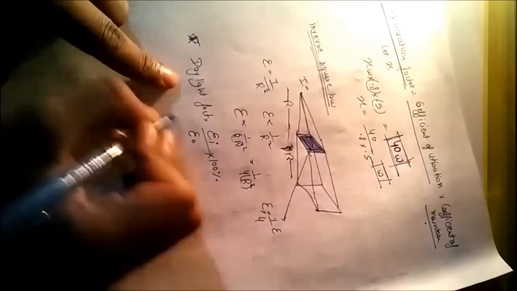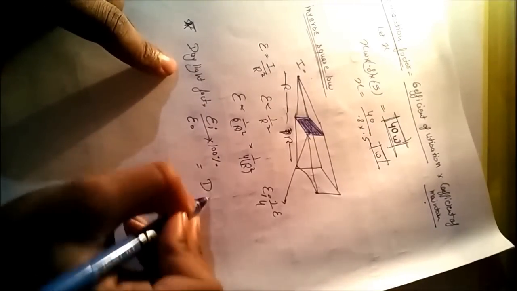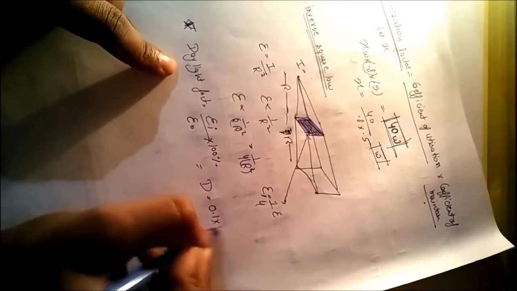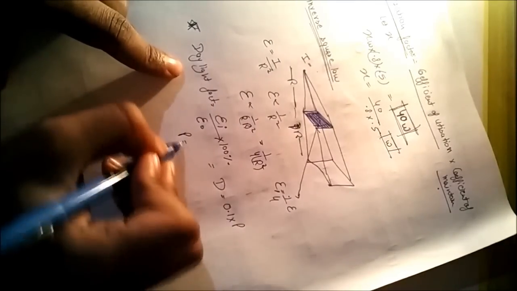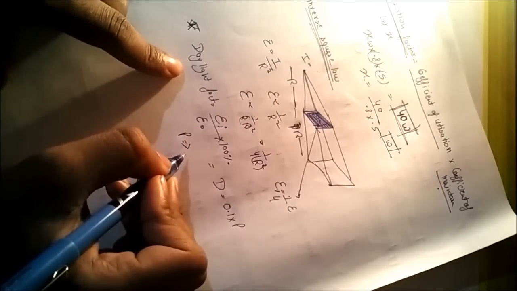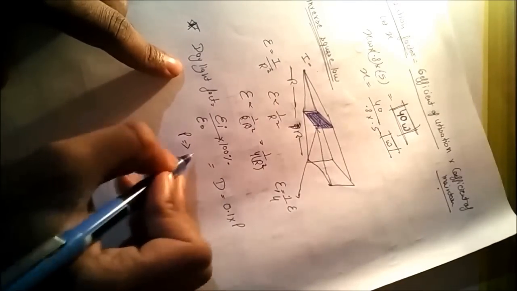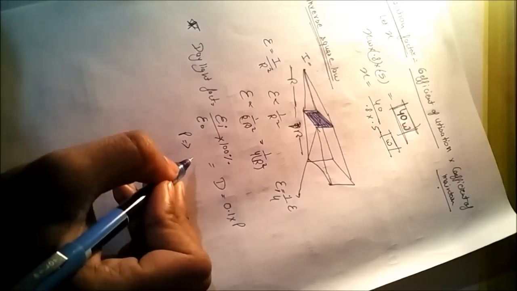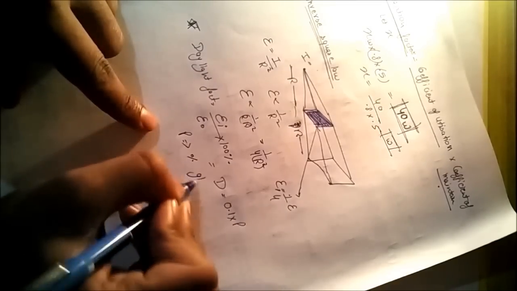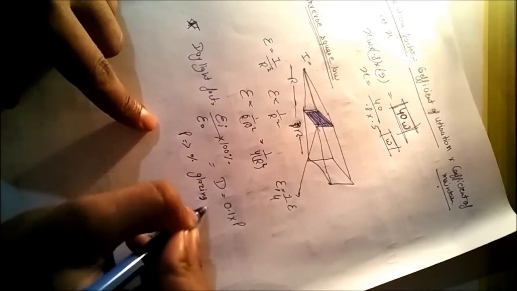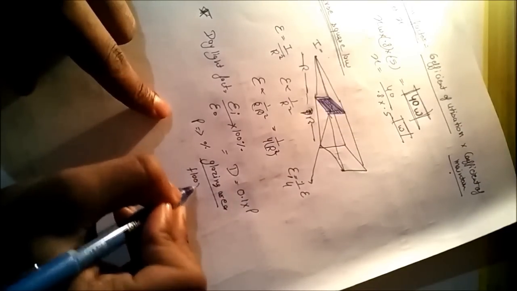And one more formula for this is D is equal to 0.1 into P. Now P here is the percentage of glazing area to the floor area.